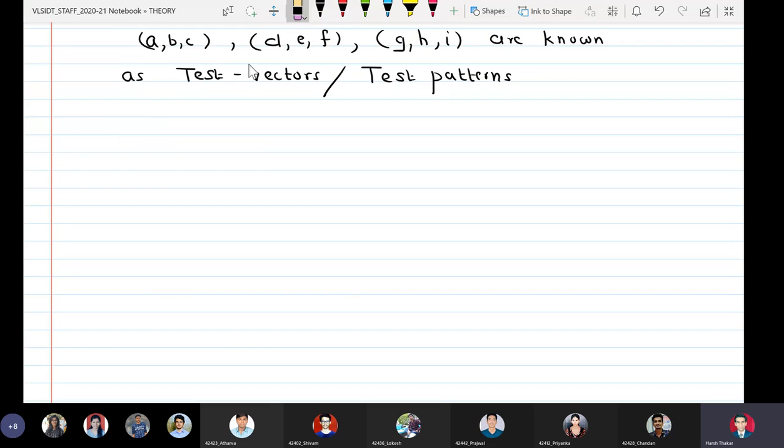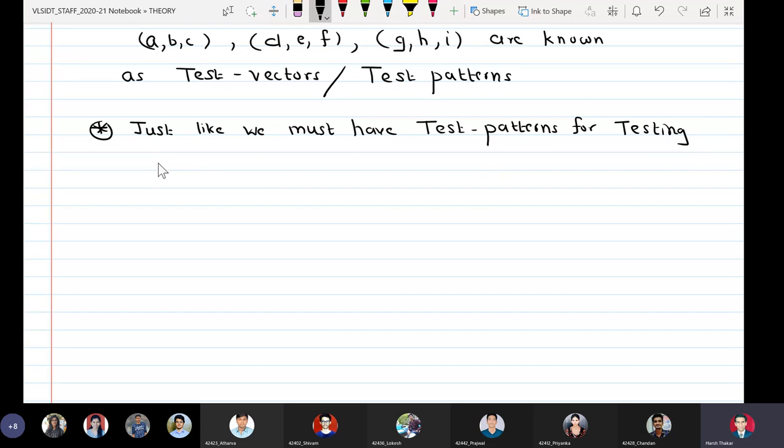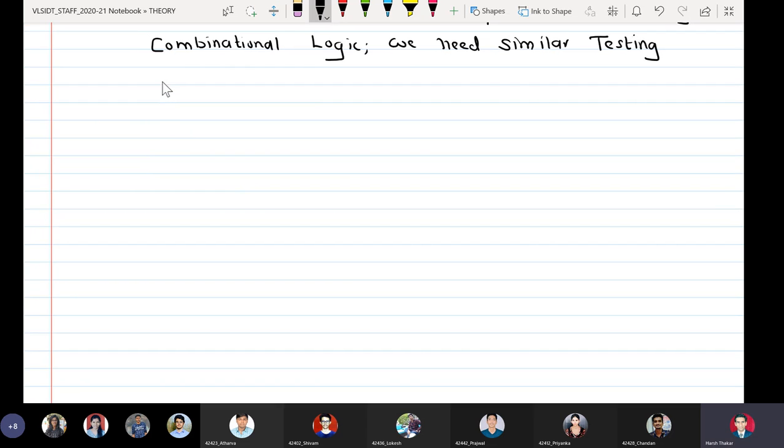So just like we must have test patterns for testing combinational logic, we need similar testing procedures for sequential logic.